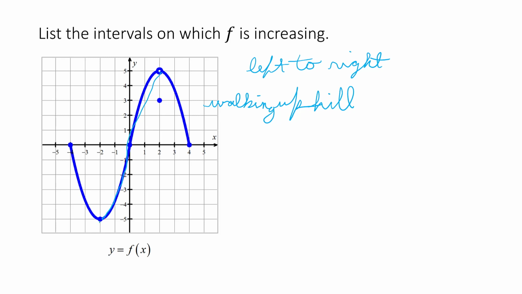Going from left to right, I walk uphill from here to here. So we use x values whenever we're talking about intervals where things are increasing, decreasing, or a lot of other things. We use x intervals.